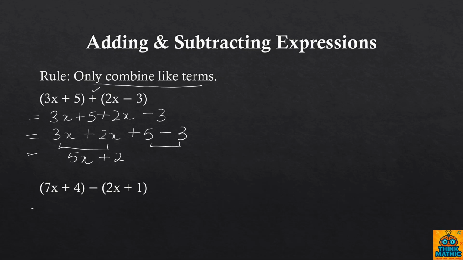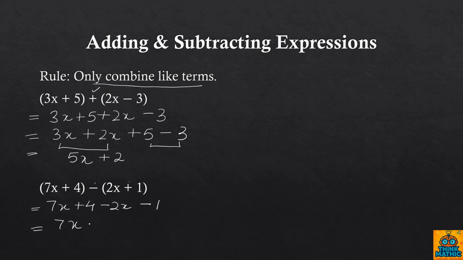Similarly, let's try to solve this question. As you remember, the first step is to open the bracket. So it is 7x plus 4. We have a minus sign outside, and when we open the bracket, it will become minus 2x. Minus and plus will become minus 1. Now, the second step is to move the like terms to one place.